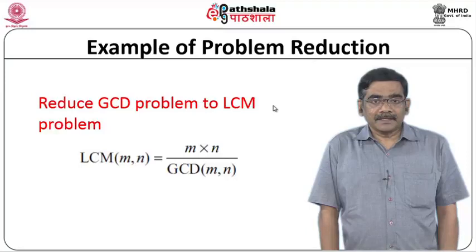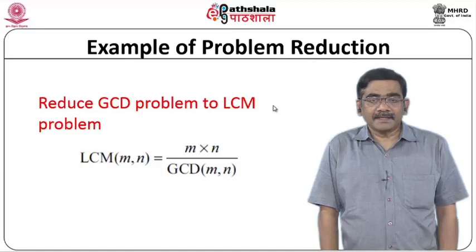Let us assume that the algorithm is not available, but that we have the algorithm for GCD. If this is the case, then we can easily convert the problem of finding the LCM to a problem that involves GCD. Using this problem reduction mechanism, we can develop sophisticated algorithms.